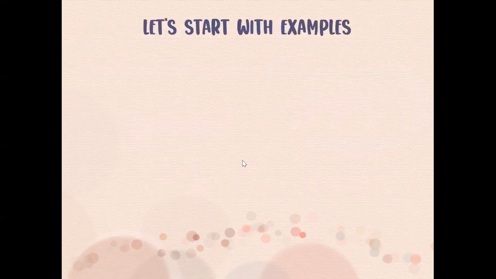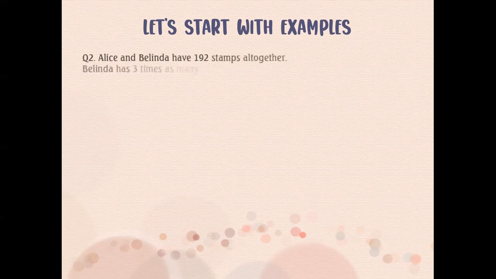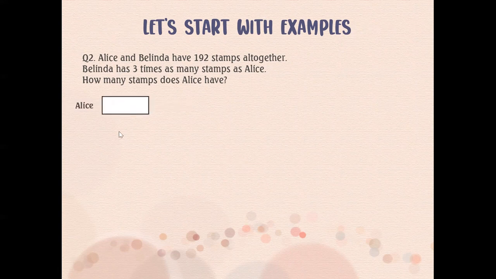So we can go to the next question. Alice and Belinda have 192 stamps altogether. Belinda has 3 times as many stamps as Alice. How many stamps does Alice have? For Alice, we draw 1 unit first.